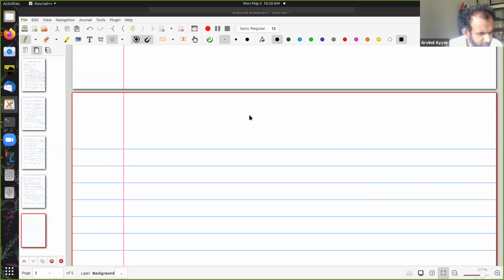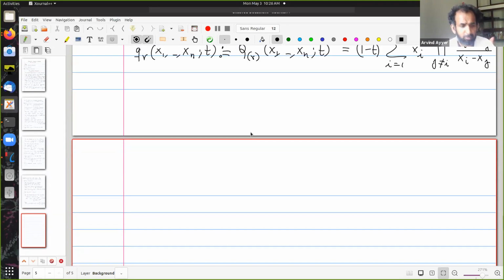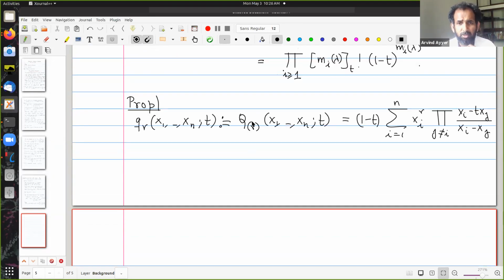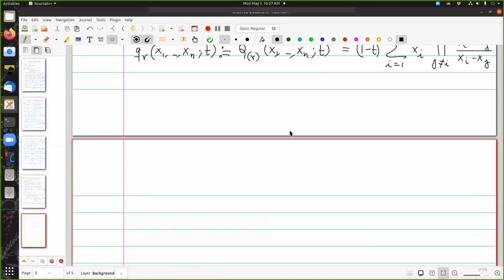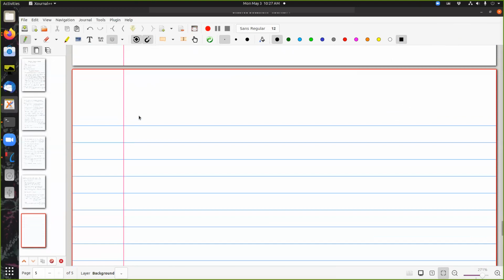Okay, so now I want to give two non-trivial formulas for Q lambda. First of all, let me define some notation. First theorem.